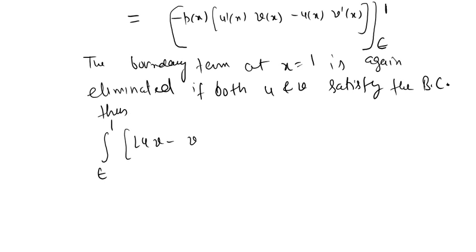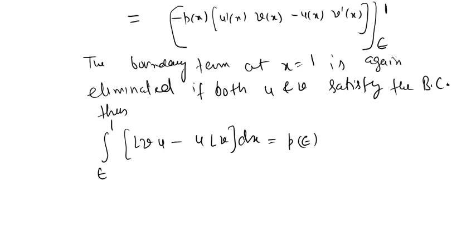Therefore, the Lagrange identity from epsilon to 1: L V U minus U L V, sorry, I have written L V U minus U L V, is equal to, so when you fit 1, the boundary term will cancel, but at epsilon these won't cancel.